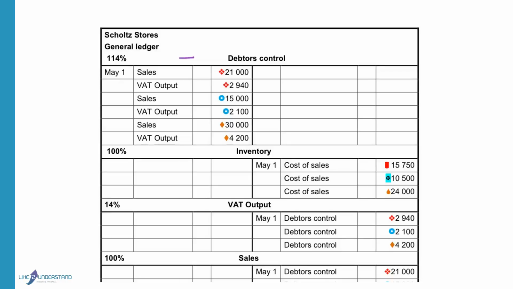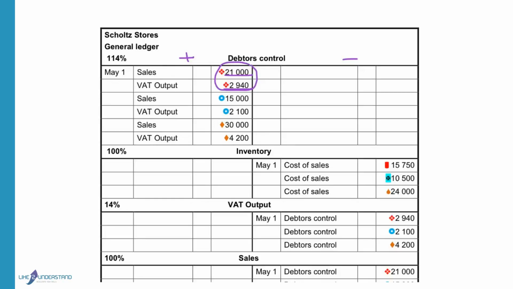The debtors control is an asset. Asset increases on the debit side and decreases on the credit side. The debtors will increase with the sales amount and the VAT amount. So the total amount for sales and VAT will increase the debtors, and that is what they owe the business.